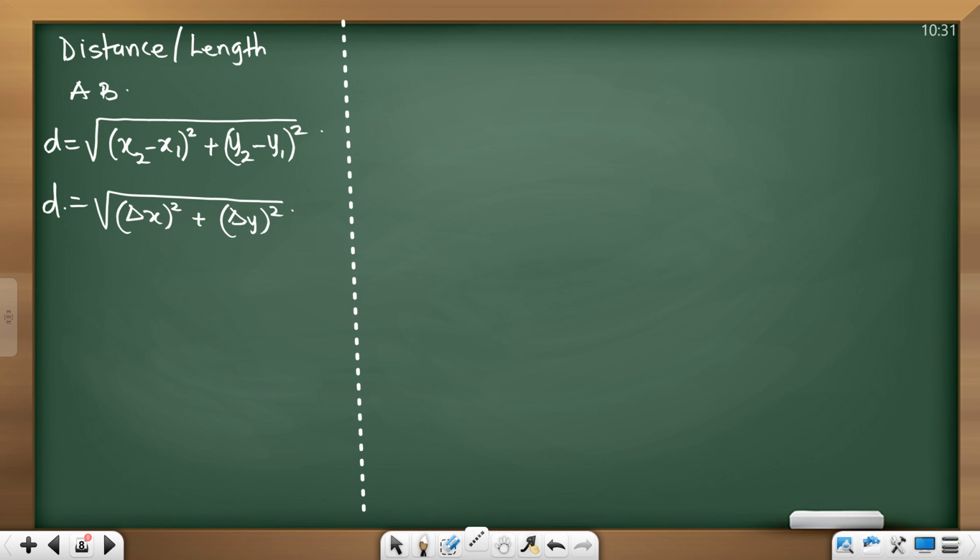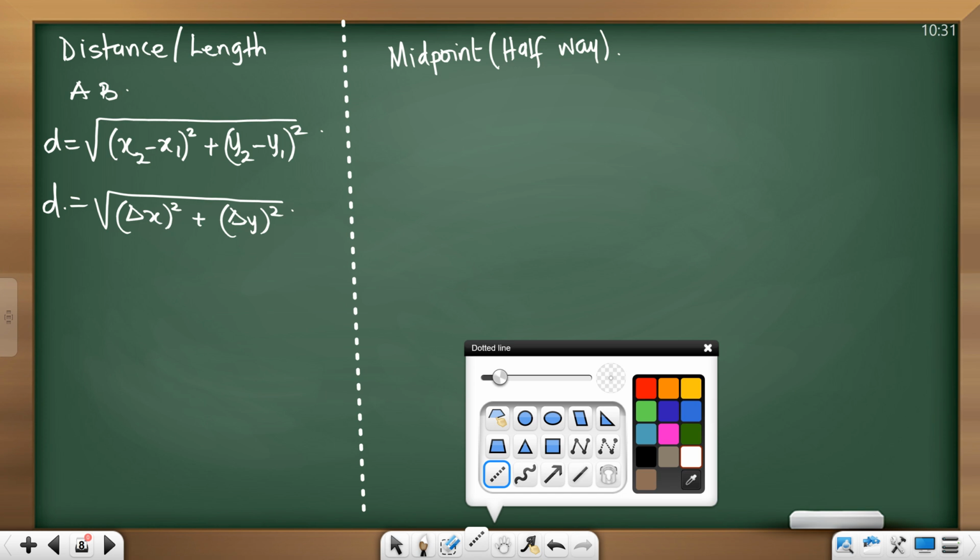And to find midpoint, delta is the change. Point would simply be what? Halfway. Let me try to do something here.